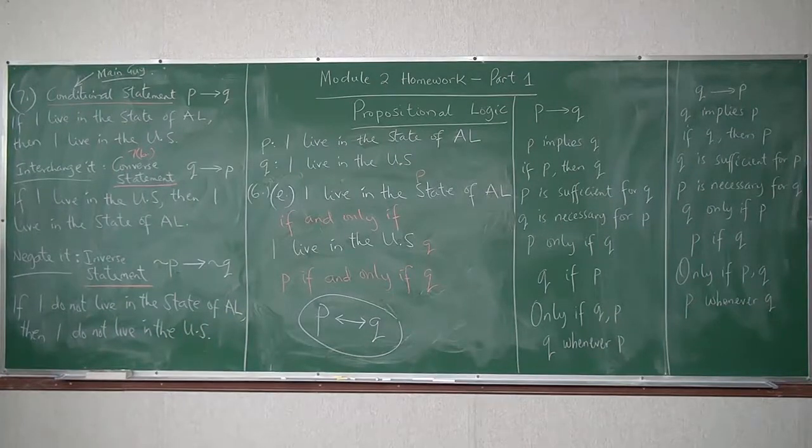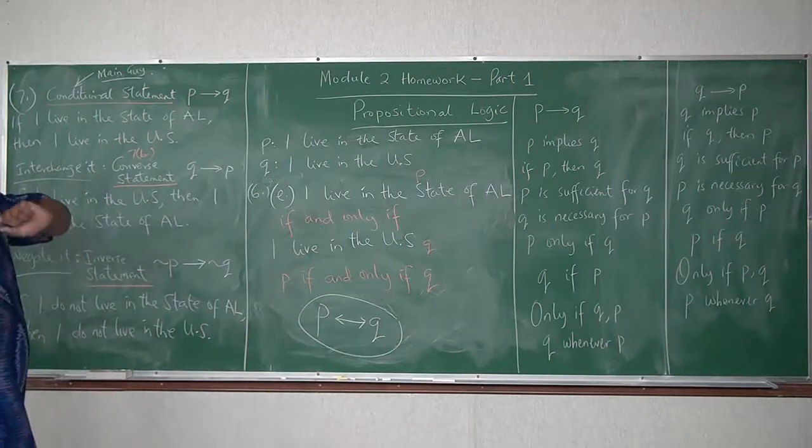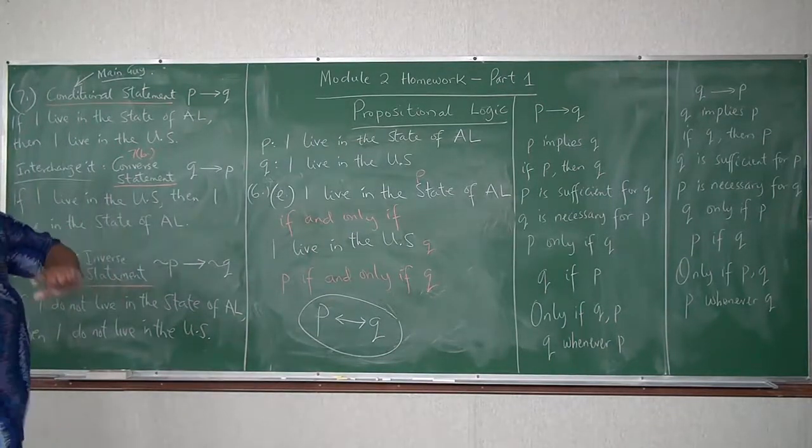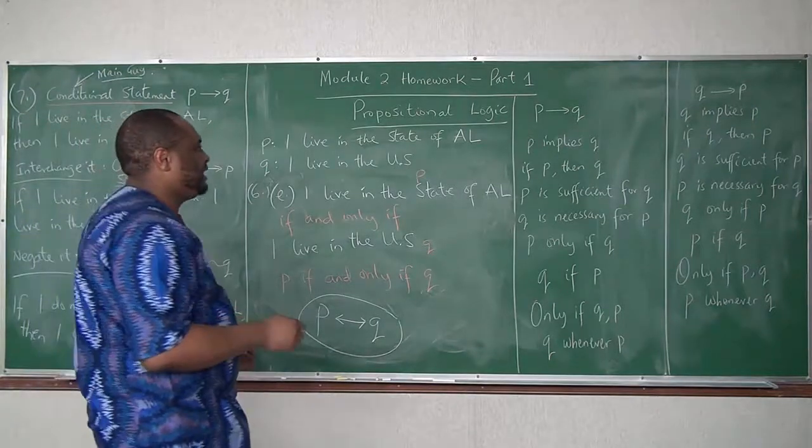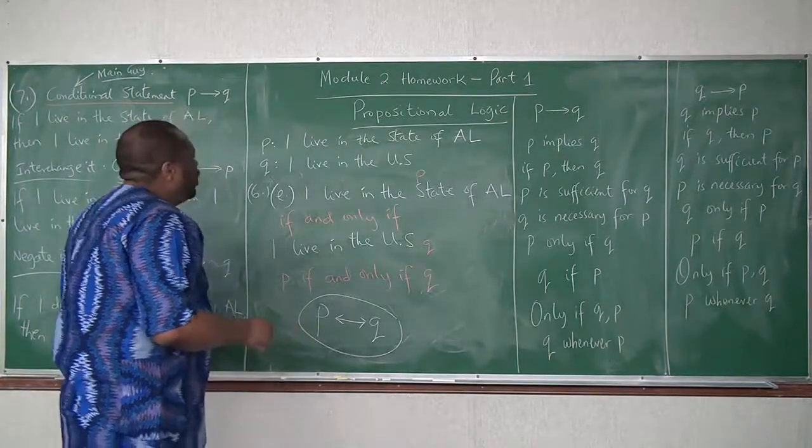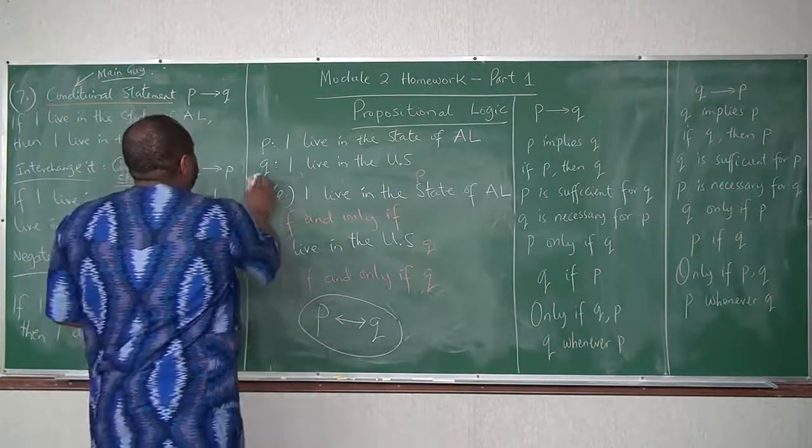So if you interchange the main guy, you get the converse statement. If you negate the main guy, which is the conditional, you get the inverse statement. Now, if you interchange it and negate the main guy, you get the contrapositive statement.